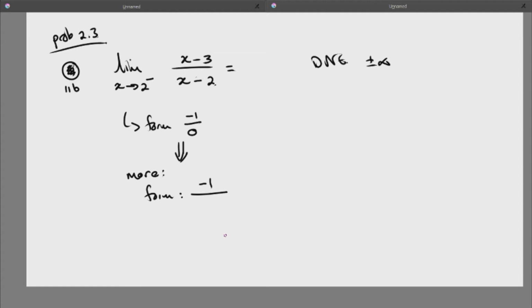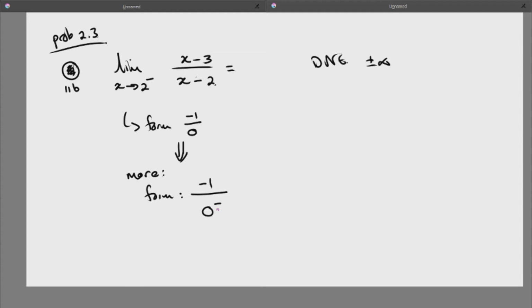Smaller in size, yes, but a little negative. And now I can see, well, the top one is approaching -1. Whether it's from the right or the left, it's -1. Negative 0.99, -1.1 is still negative. It's only an issue when I'm right around 0. Any other number? Well, that's the sign of the number, negative.